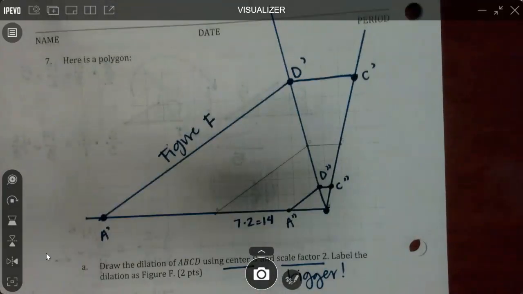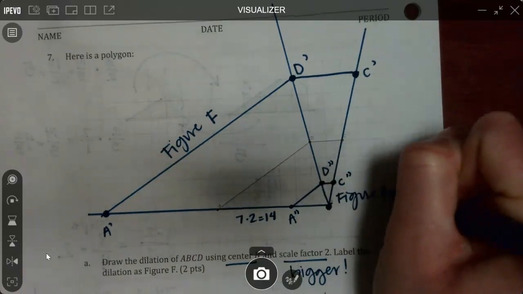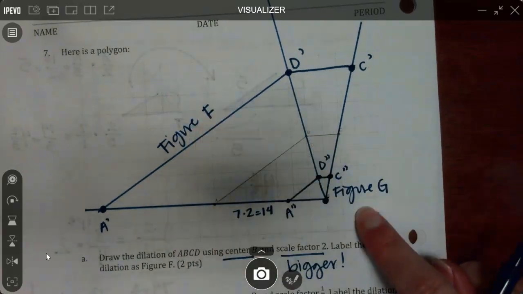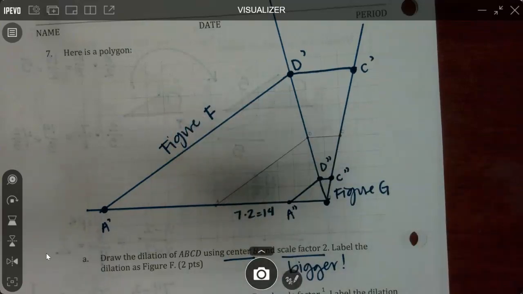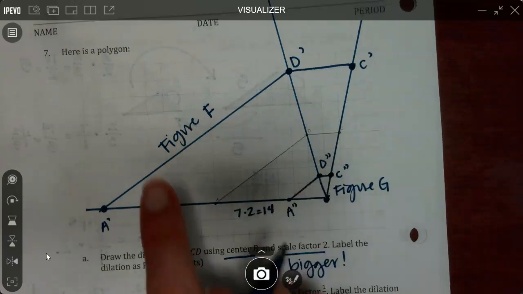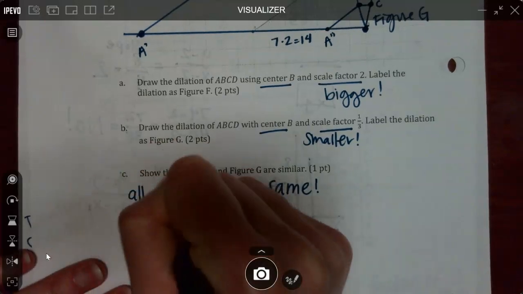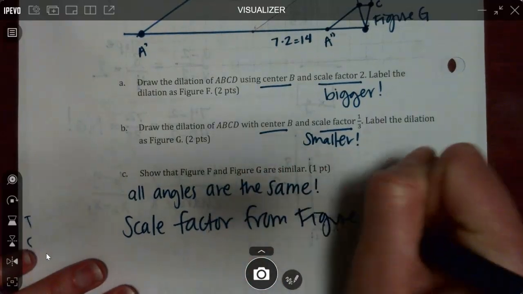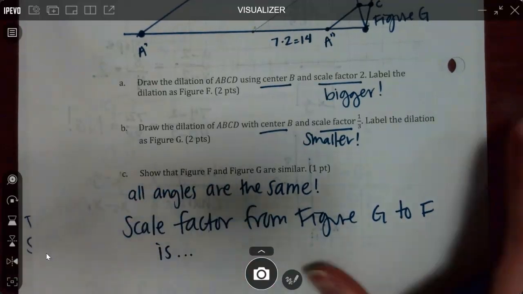So I'm going to figure out, and I didn't label this one very well, figure G. You need to figure out what is the scale factor from figure F to figure G, or figure G to figure F. I don't care which way you went, but it does change your scale factor. So let's do G to F, from small to big. So my answer should be bigger than 1. So I'm going to say scale factor from figure G to F is, and now I need to figure it out.